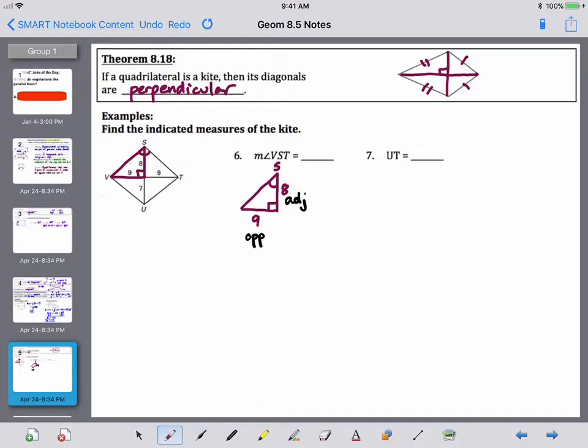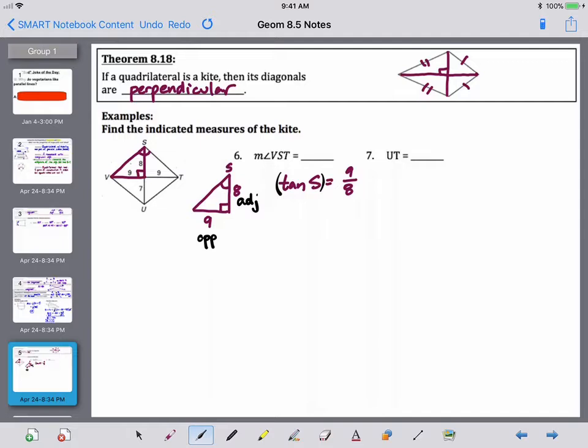So if you remember, that means we can use sine, cosine, or tangent. In this case, opposite over adjacent means that we can take the tangent of angle S, which has to be 9 over 8. Remember, to get S by itself, we have to take the inverse tangent on the left. And if we do that on the left, we have to do that on the right. So this inverse tangent cancels out this tangent, and we're left with angle S equals the inverse tangent of 9/8.